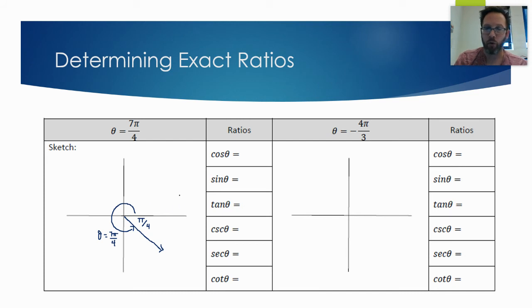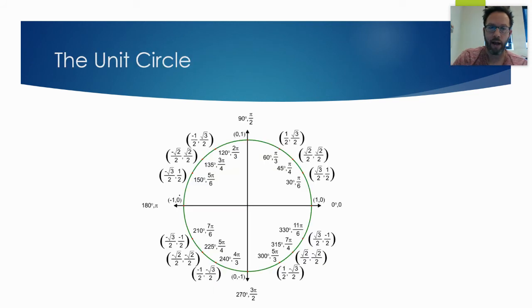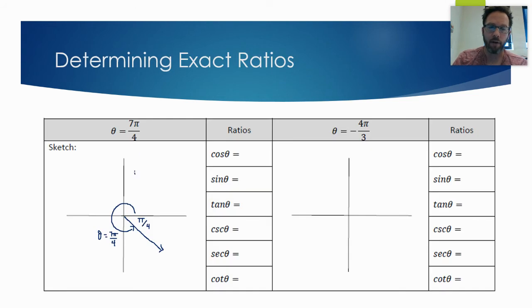In your grade 11 math course, you would have talked about different ways of doing this kind of problem. So there's many ways to approach it. My personal choice is to use the CAST rule and use what you already know about the exact ratios for pi over 4.